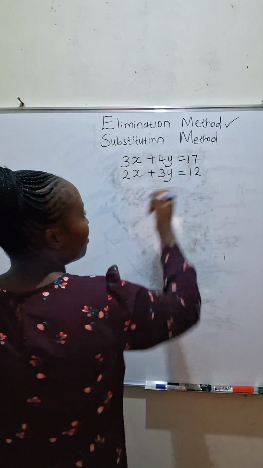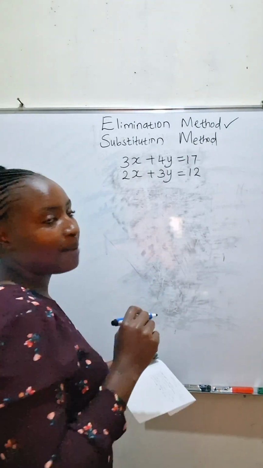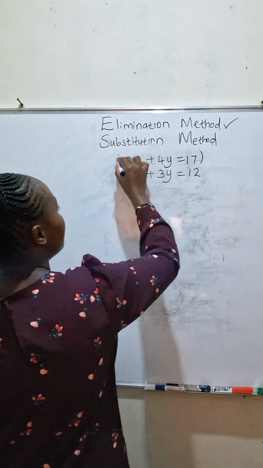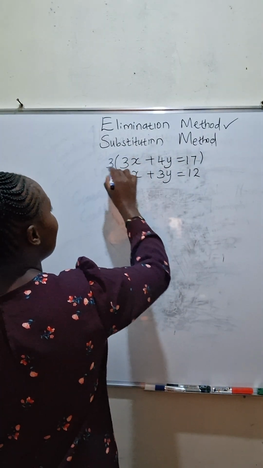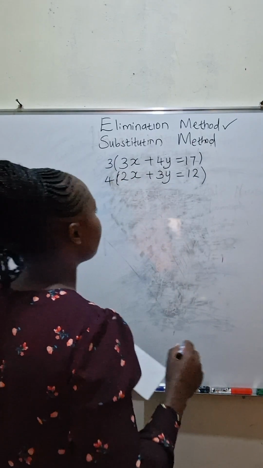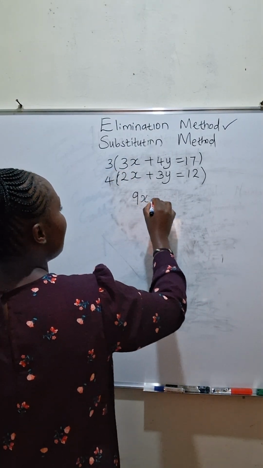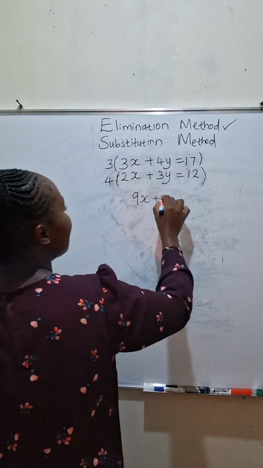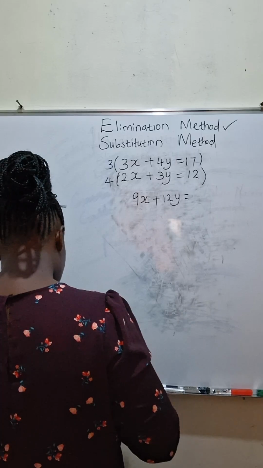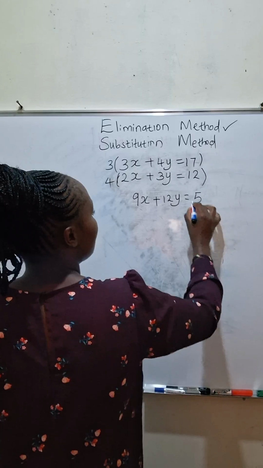So we have 4y and we have 3y. For them to have a similar factor, 12 is the closest. So we can multiply the above equation by 3, and the second equation by 4, right? So 3x times 3 is 9x, plus 4y times 3 is 12y, and 17 times 3 is 51.